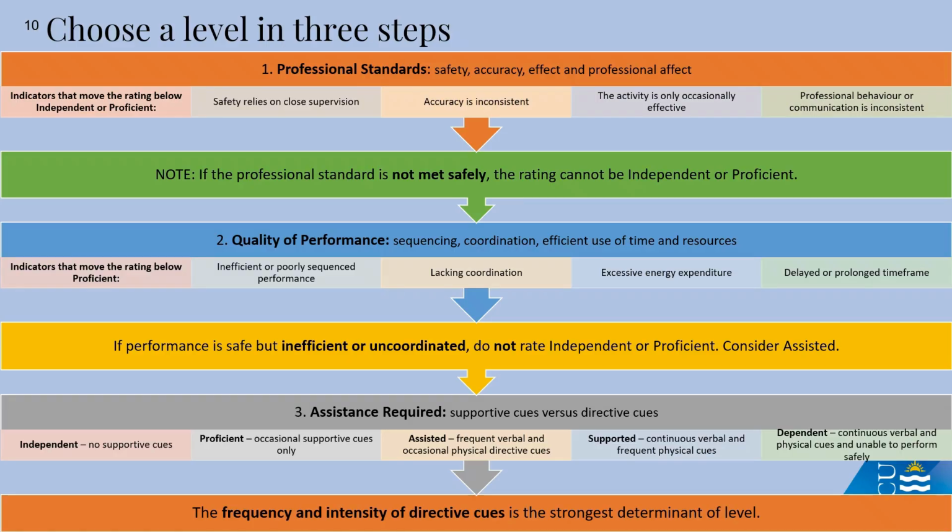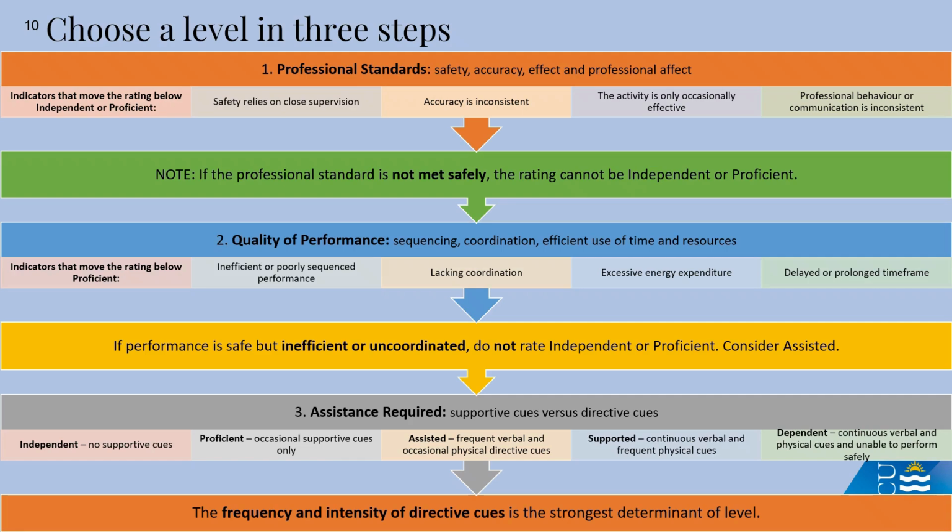Supportive cues encourage reflection, while directed cues actively guide actions and reduce the achievable level. When using the Modified Bondy Scale, assessors must apply the domains in sequence, prioritising safety at all times, use observable performance, not effort or intention, and base decisions on assistance actually required, ensuring ratings are consistent, justifiable, and defensible.